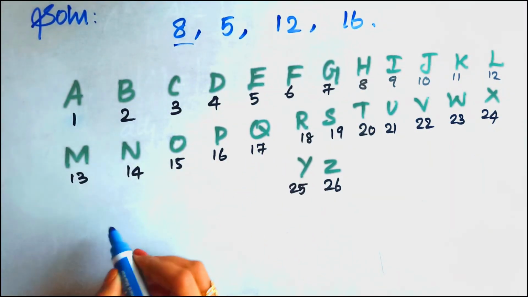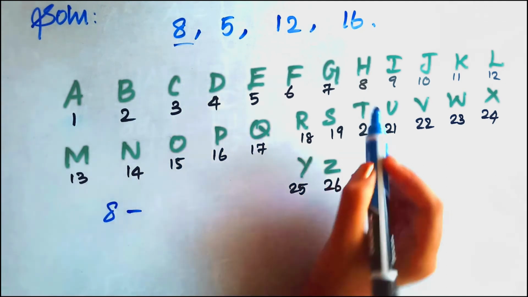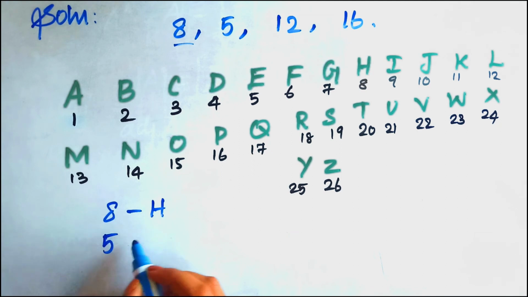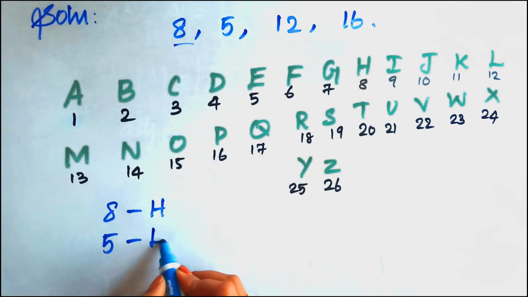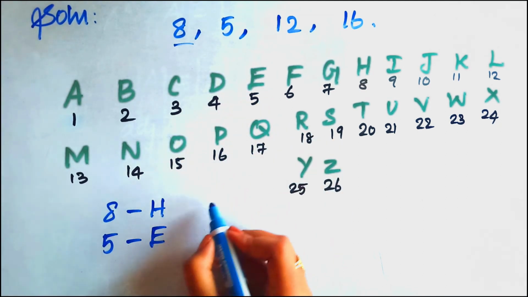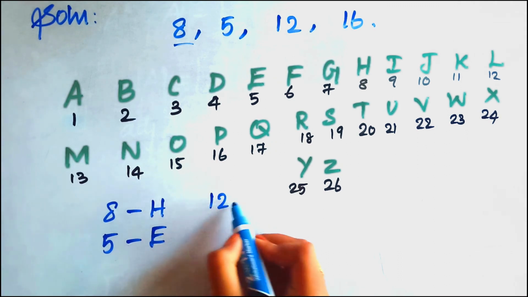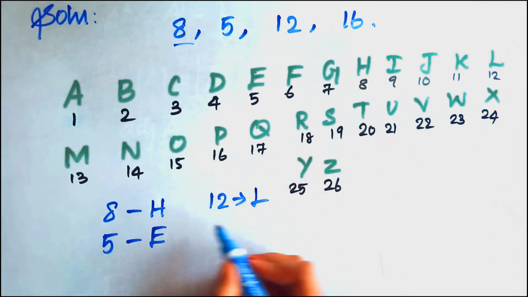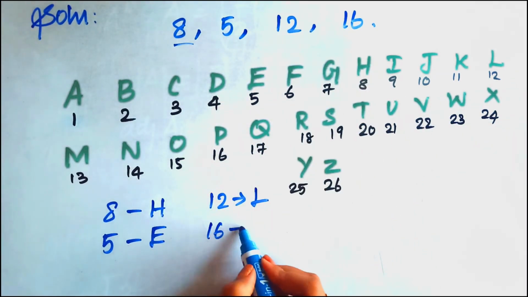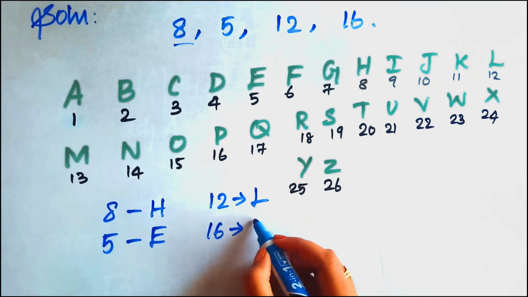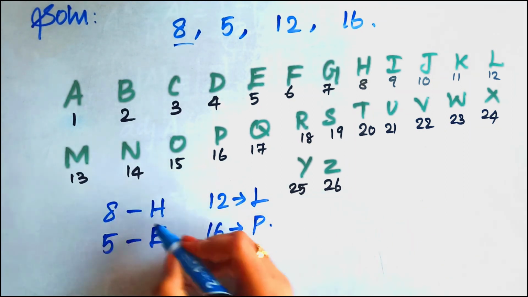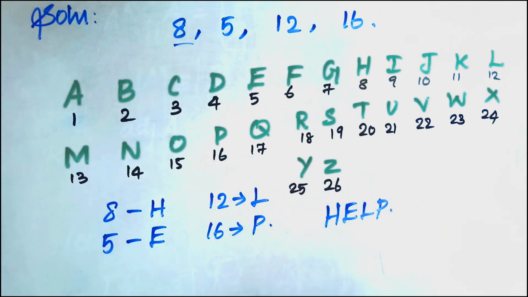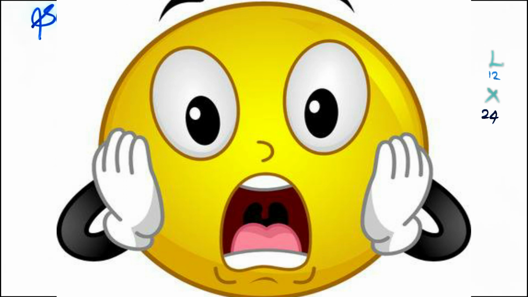First element we have found, it's 8, so 8 represents H, and then the second element is 5, the 5 represents E, and the third thing is 12, and the 12 represents, where is it, L, and finally it's 16, so 16 represents P. Now we got the coded message: HELP. Oh, somebody is asking us to help.